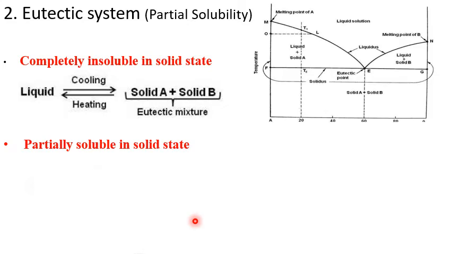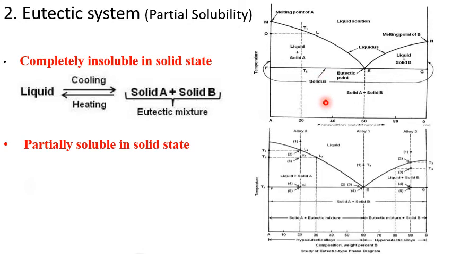So how does this phase diagram look? Where it is completely insoluble in the solid state, we have two liquidus lines and one continuous solidus line. Whatever liquid is present above the eutectic temperature line will solidify into a eutectic mixture once it crosses the eutectic temperature.